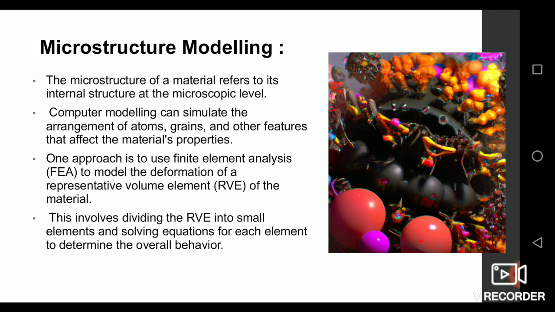This involves dividing the RVE into small elements and solving for each element to determine the overall behavior. In this figure, I placed an image. If you observe the image carefully, it describes the microstructure of a particular material.